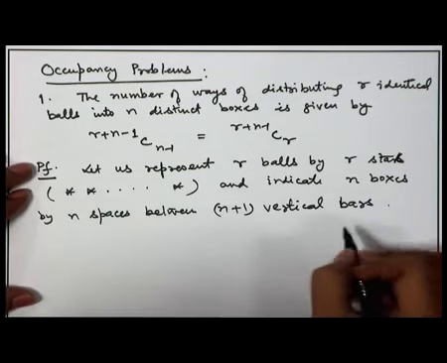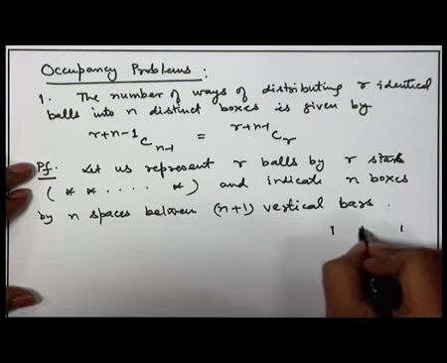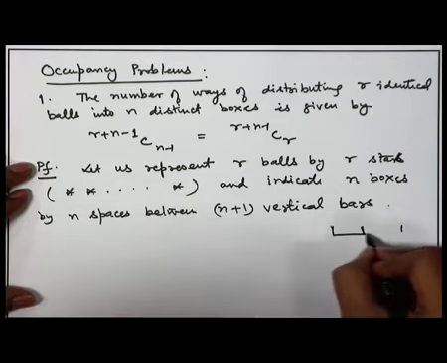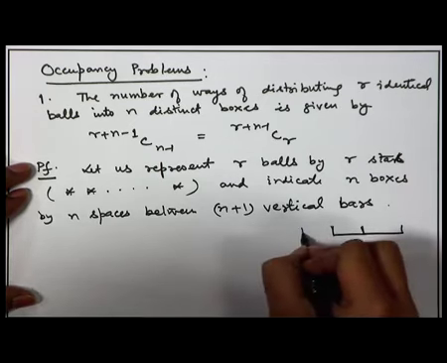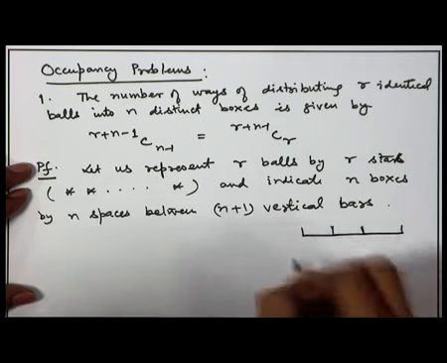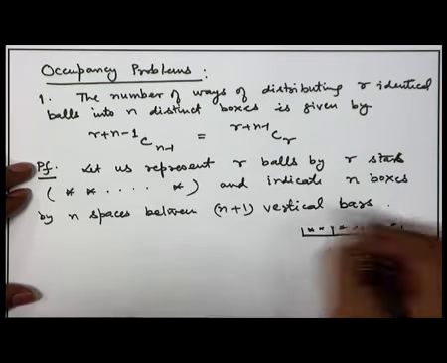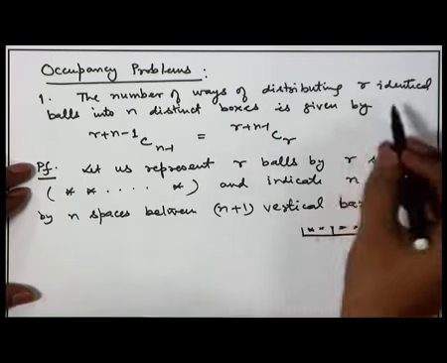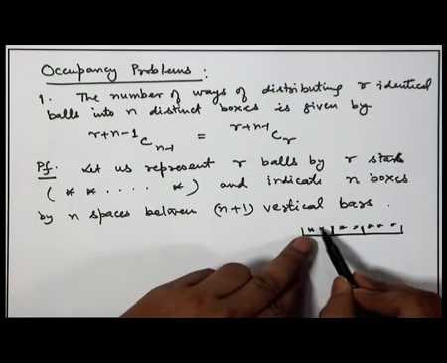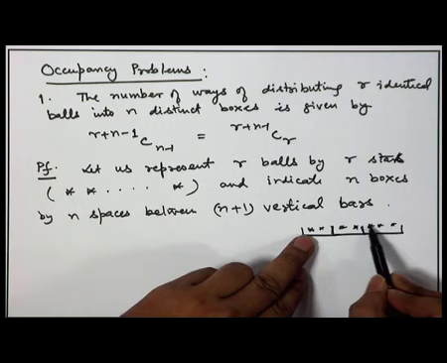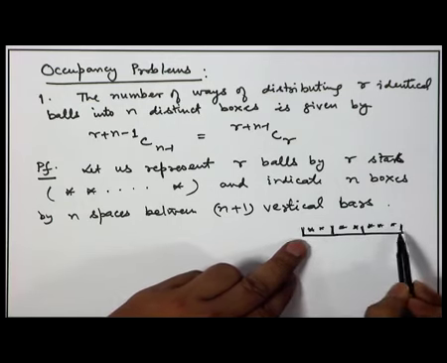Suppose I have two boxes. If I put three vertical bars like this, then this acts as a box, this acts as a box. Similarly, if I have say 3 boxes, then I make 4 bars. Now the stars are in between, because we are placing these r stars, that is r identical balls, into these boxes. So, you have r stars here and you have n plus 1 vertical bars.